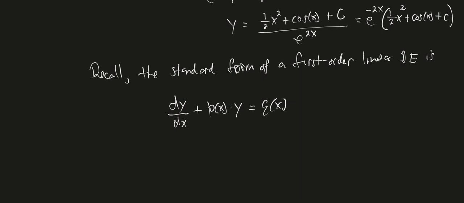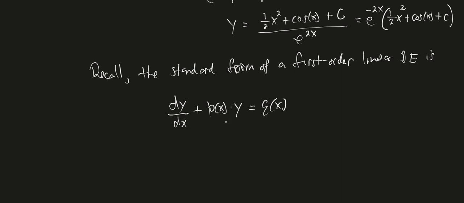So the whole goal of this process is, on the left-hand side, we can see two terms: one term that has the dy/dx and the other term that has a y. But it's not necessarily in the form where we could just do our product rule in reverse and write this as the derivative of some product.